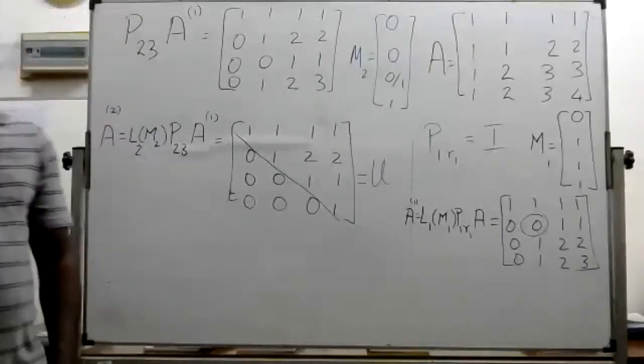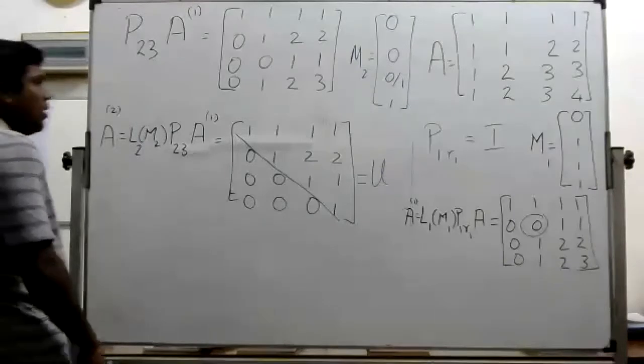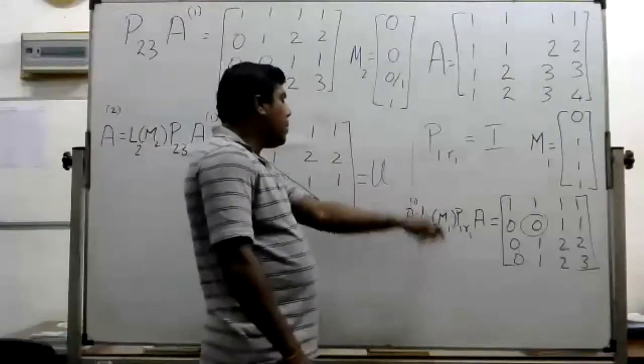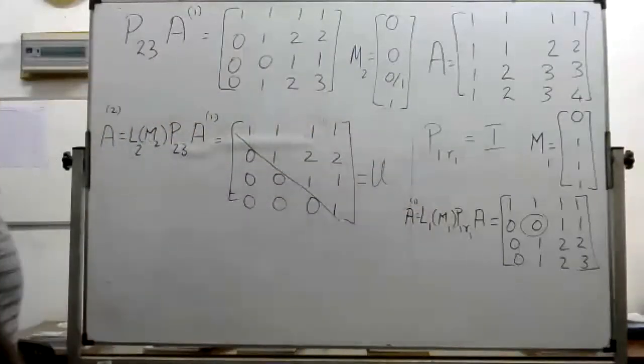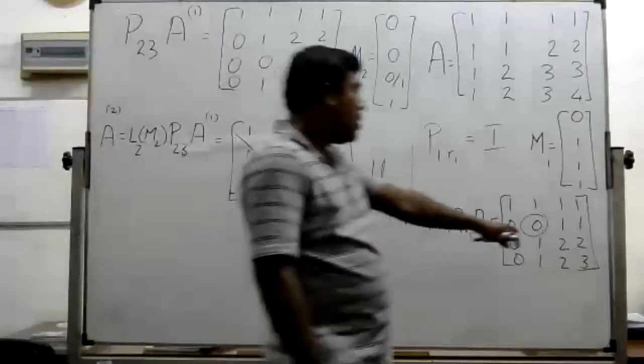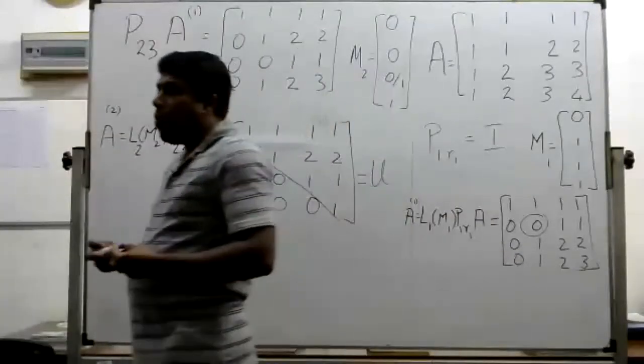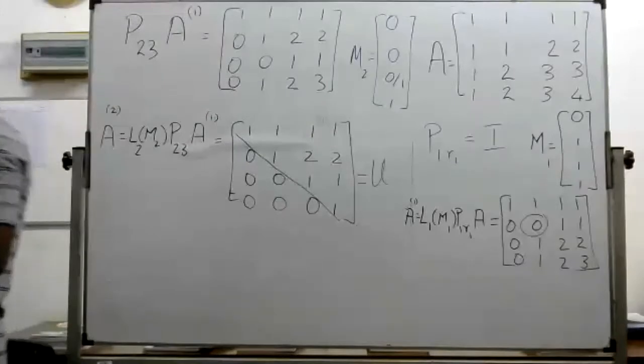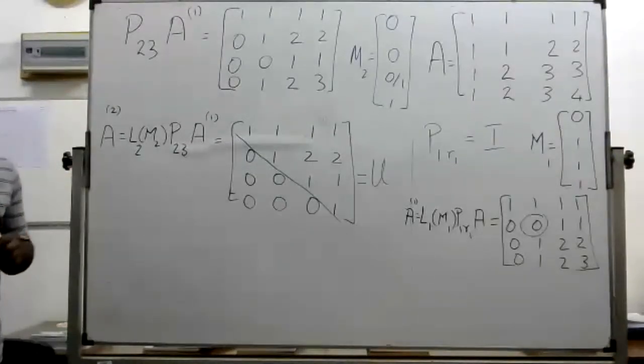So here we see that we multiply by an elementary permutation matrix whenever we have a zero on the diagonal term. That is one issue we have in Gaussian elimination, because when we have 0 on the diagonal term, clearly we cannot divide by 0, so we have to interchange the row.